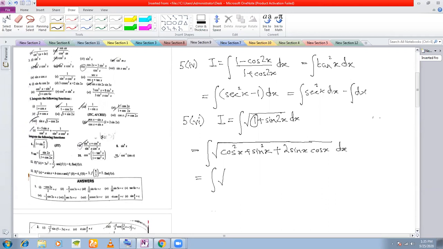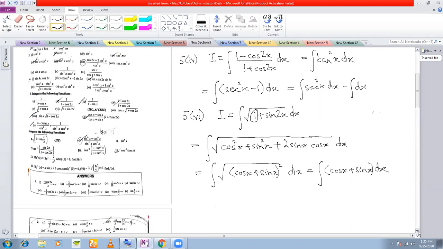This becomes integral root over cos x plus sine x whole square dx, which is integral cos x plus sine x dx.